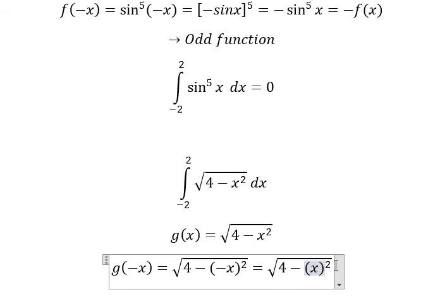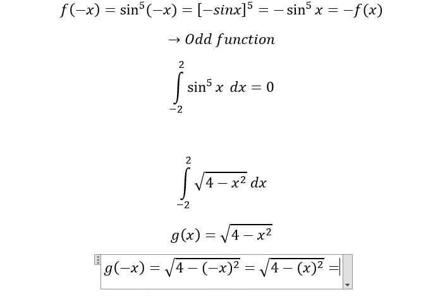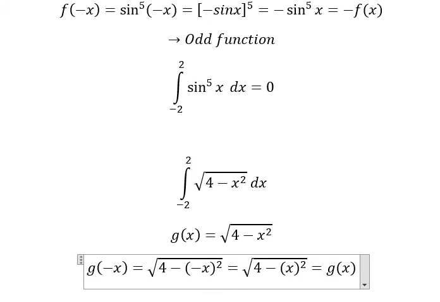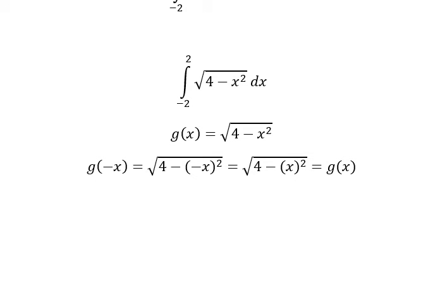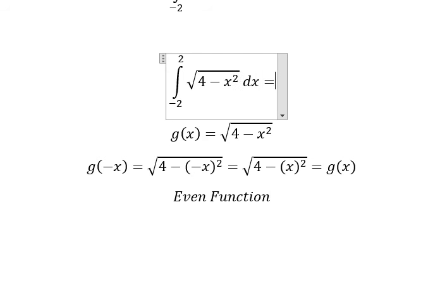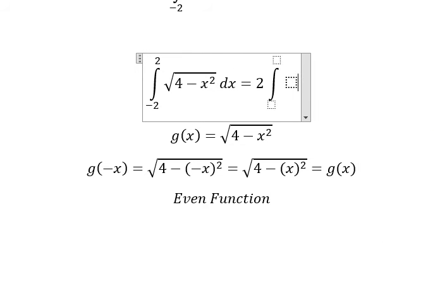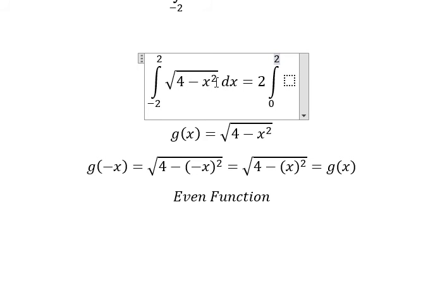And we know that it equals g of s. And we can say that g of negative s equals g of s. That's an even power, an even function. So because this is an even function, we can say that this equals 2 times the integral from 0 to 2, and we have this function in here.